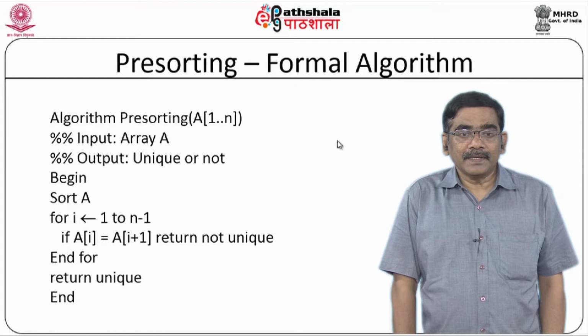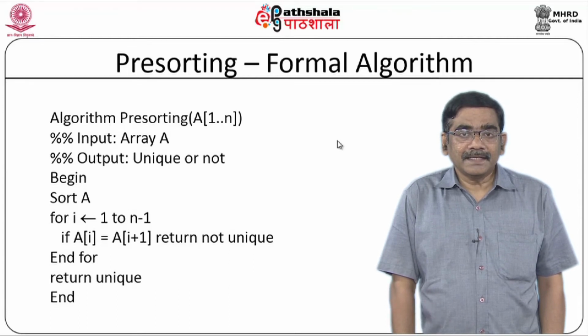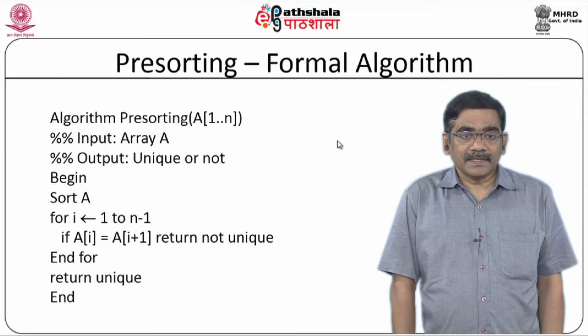Once we sort the elements, the advantage is very simple: I have to compare only the adjacent elements and not all the elements of the entire list. So, this is going to be the formal algorithm of pre-sorting. You can see exactly what is happening.